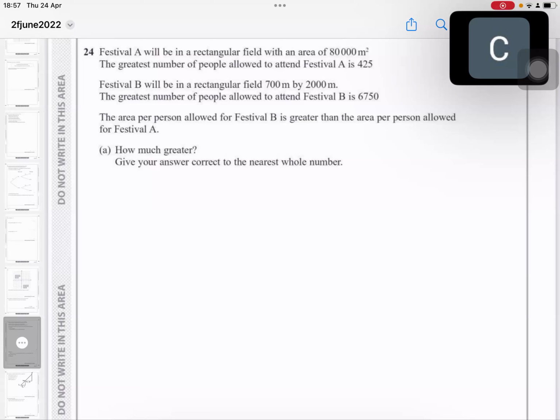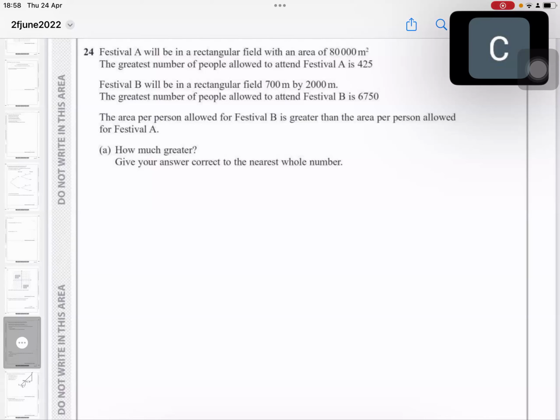I have to find the area per person. The area of which one? Festival B? Yeah. Okay, good. So that's the first thing we're going to do. We'll multiply 2,000 by 700. That's going to be what? 7 times 2 is 14.